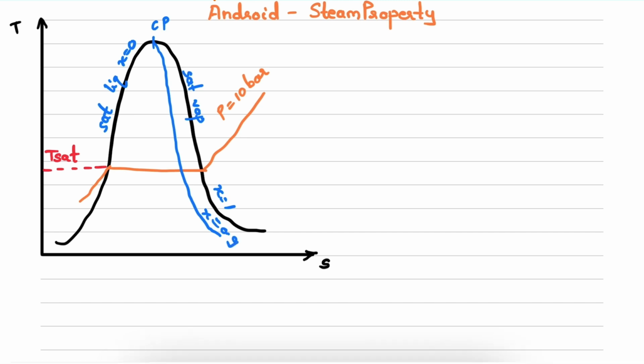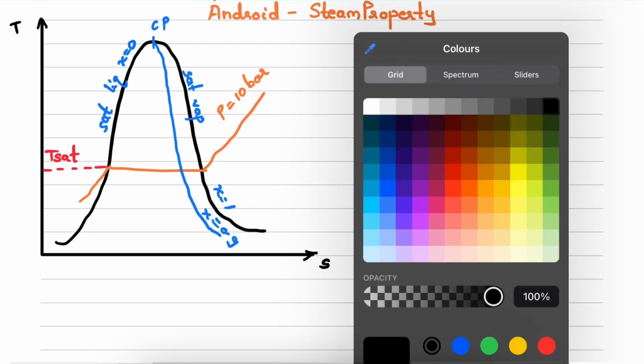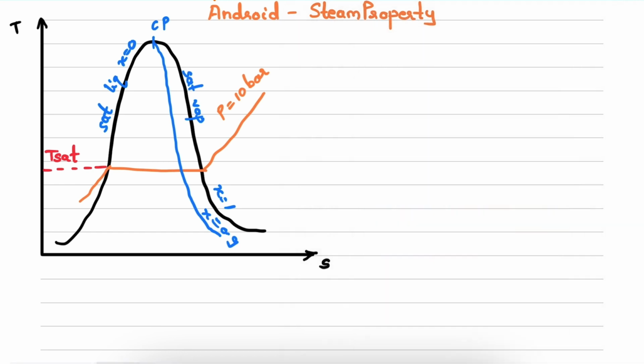Now next thing is we'll define some points over here. The first point is the point where the enthalpy which we read from the steam table is denoted by Hf. Then in between we have the wet region.